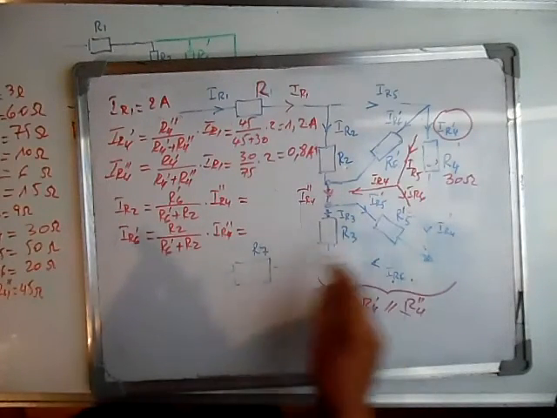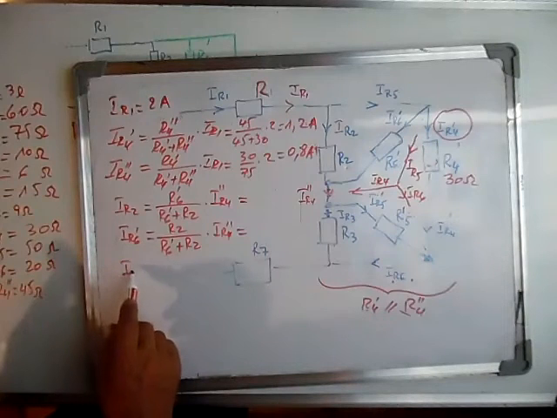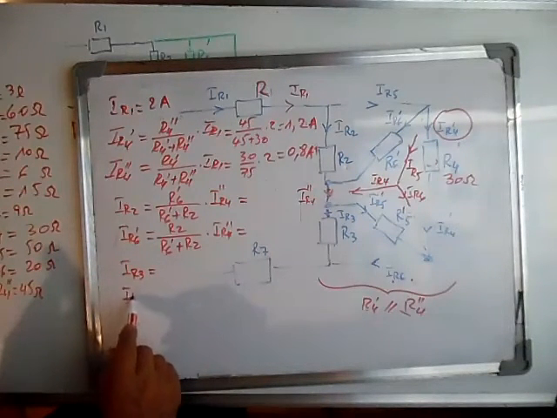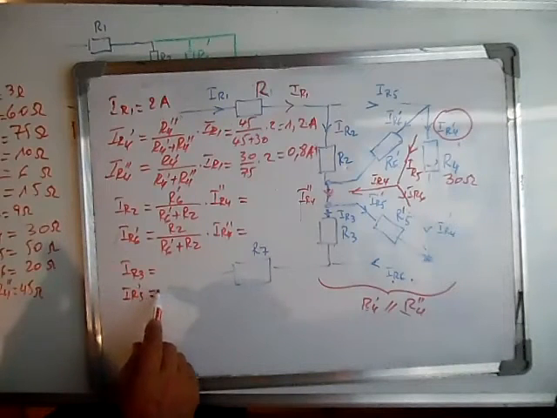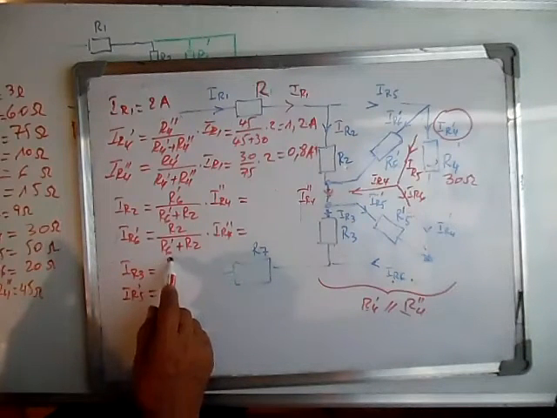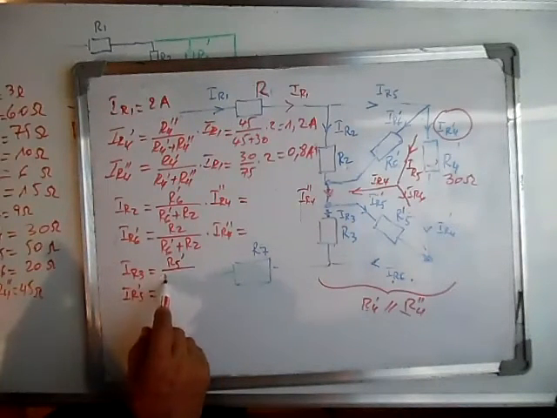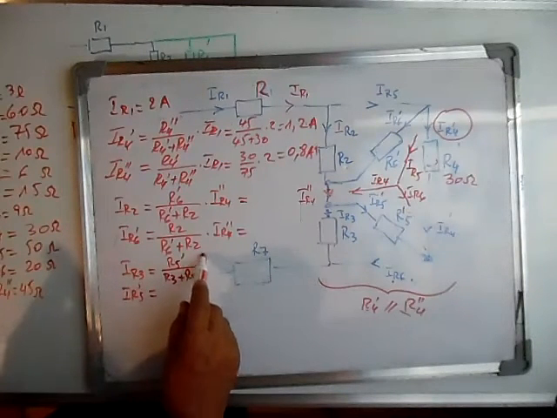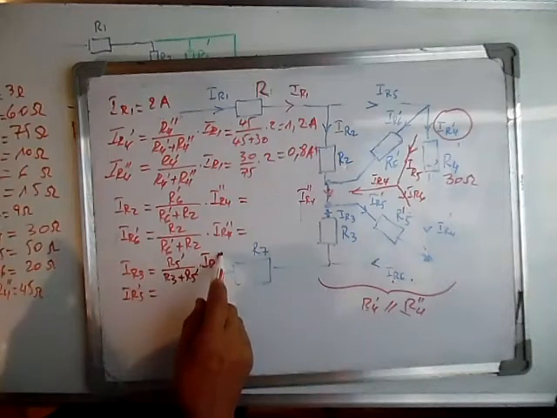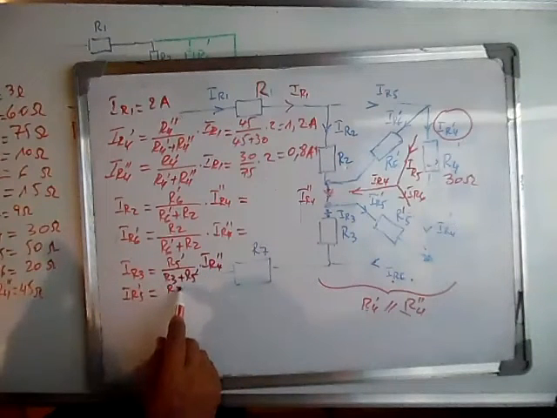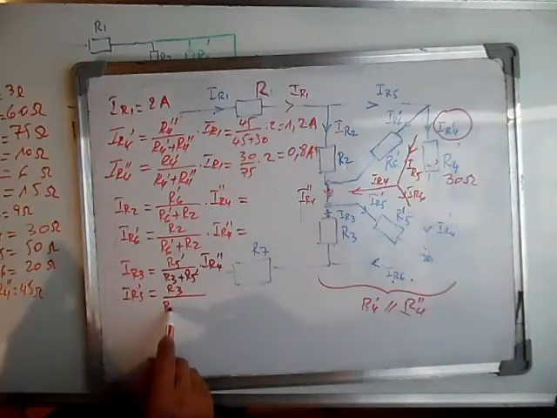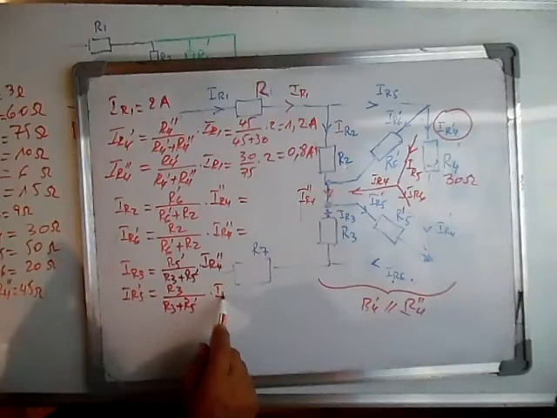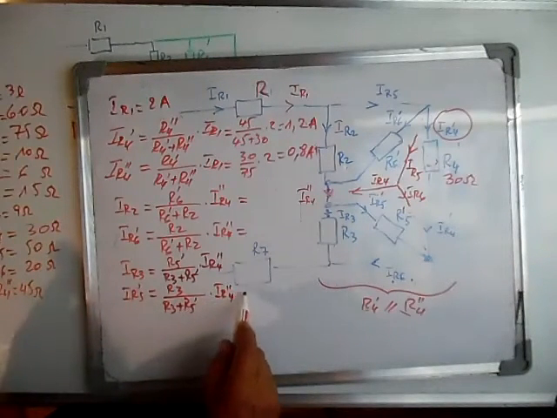We can calculate this current as well, IR3 and IR5 prime. IR3 is R5 prime over R3 plus R5 prime times IR4 second. This is R3 over R3 plus R5 prime times IR4 second.